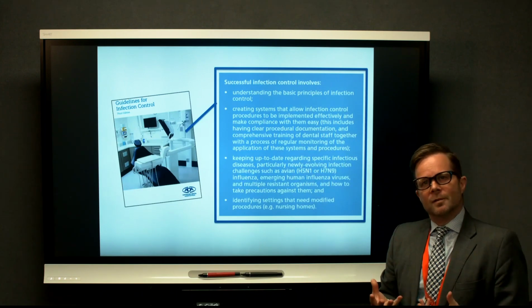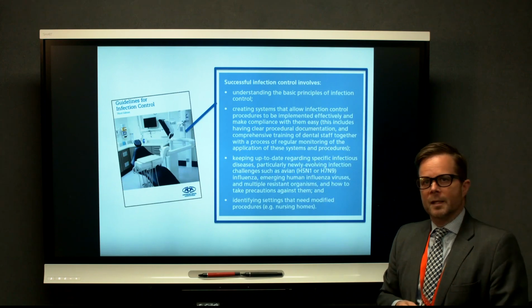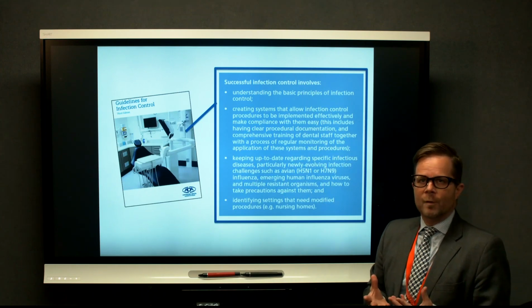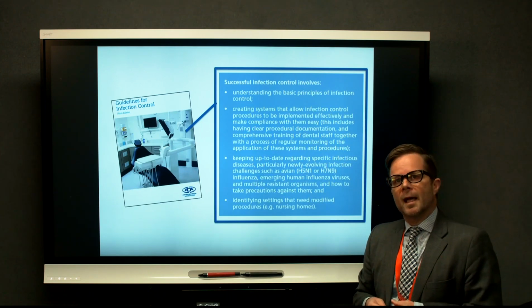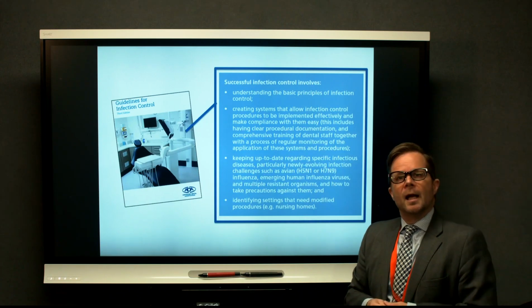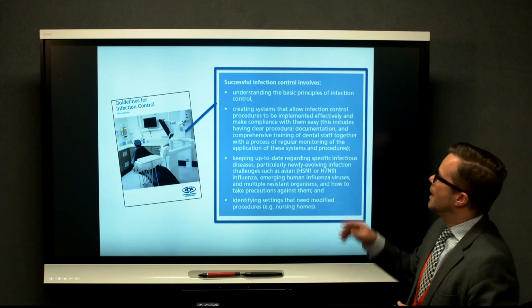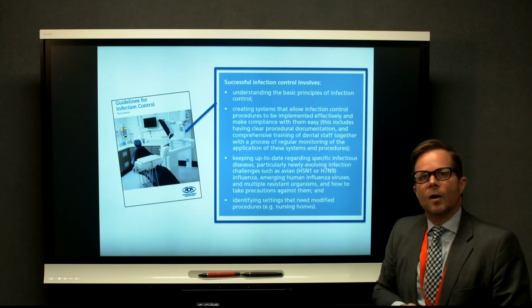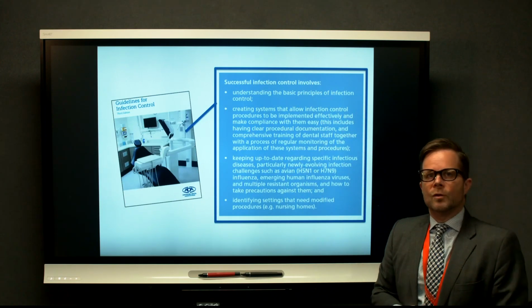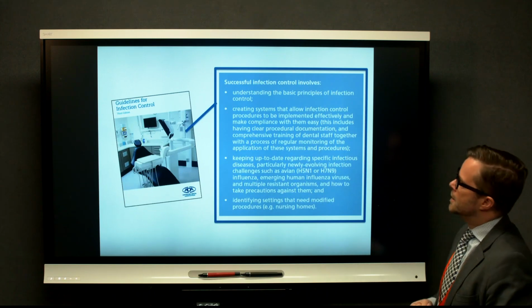So you'll get a sense of the virulence, the type of organism, the way they can be spread, and how they then infect another person. That basic understanding of infection and the way it's controlled is fundamental to our safe practice.